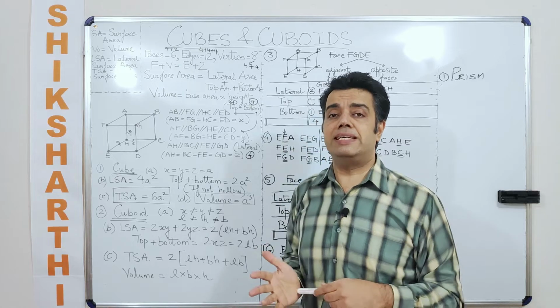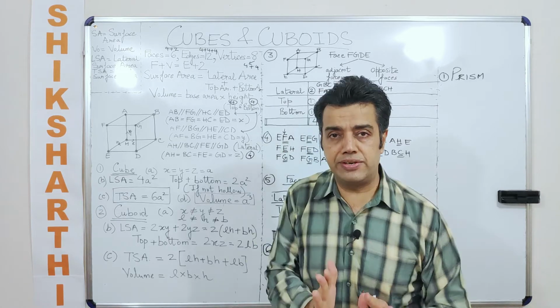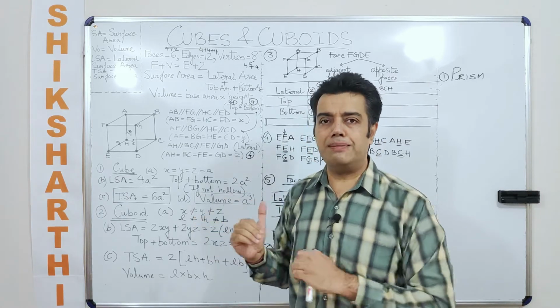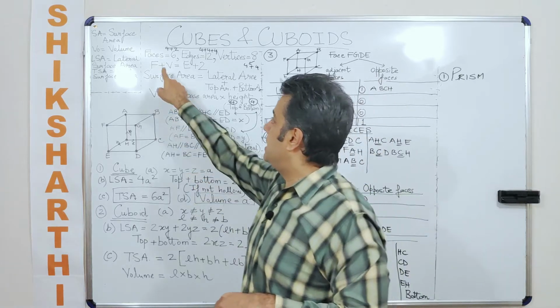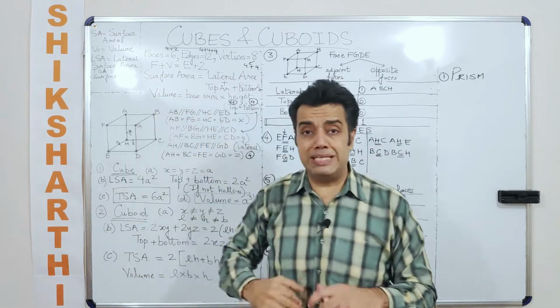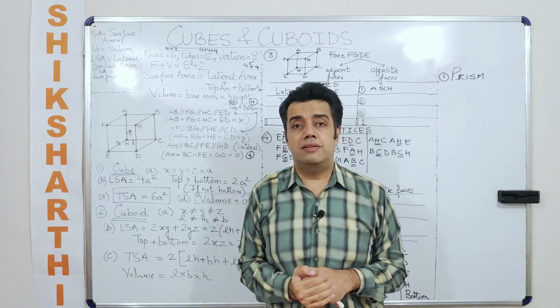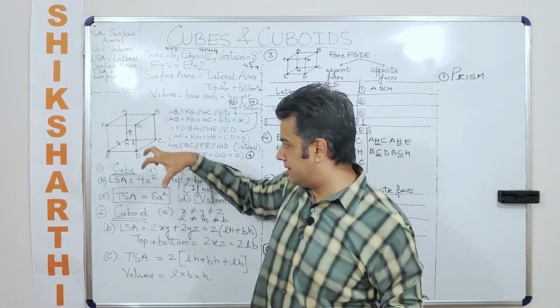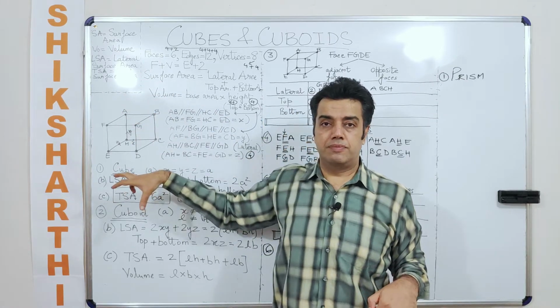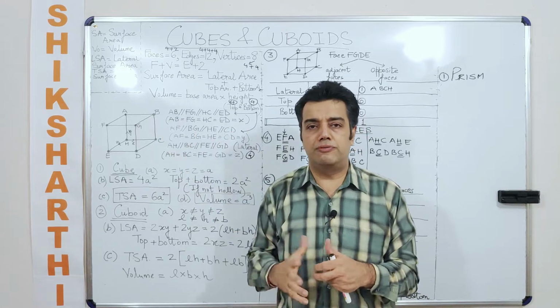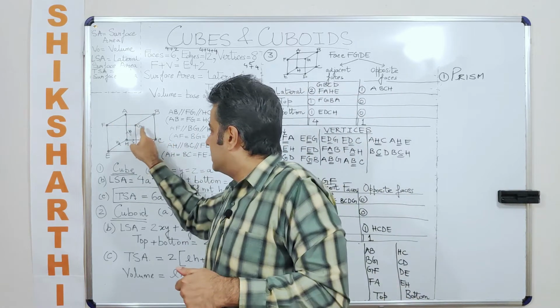I am dividing this entire discussion into lateral, top and bottom. So how many lateral faces does a prism have? That is dependent on the top and the bottom. For example, I can put a hexagon here.